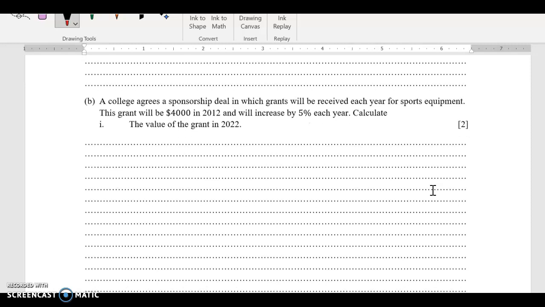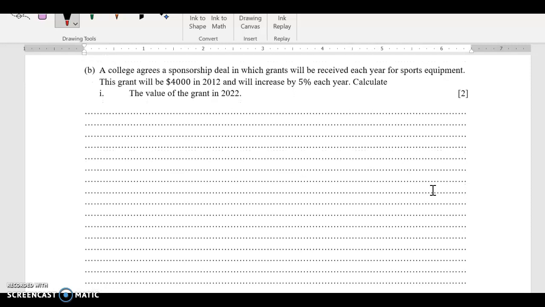Okay, here in this question it says a college agrees a sponsorship deal in which grants will be received each year for sports equipment. This grant will be 4,000 in 2012 and will increase by 5% each year.